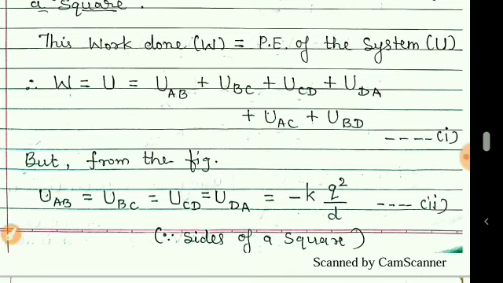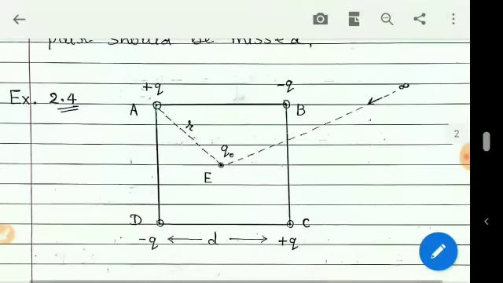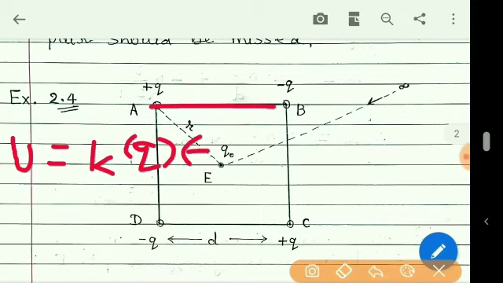Now from the figure it is clear that the potential energy of these 2 charged particles will be U is equal to K Q into minus Q. Why minus Q?